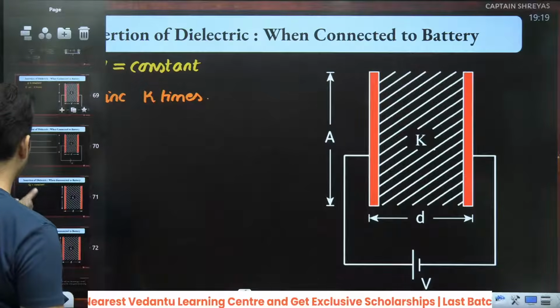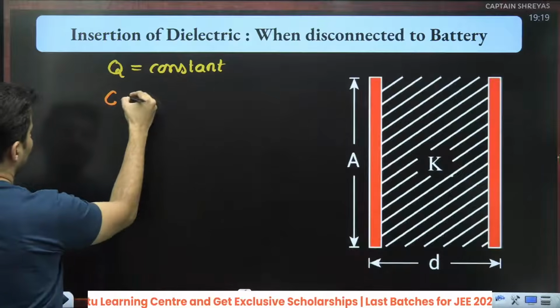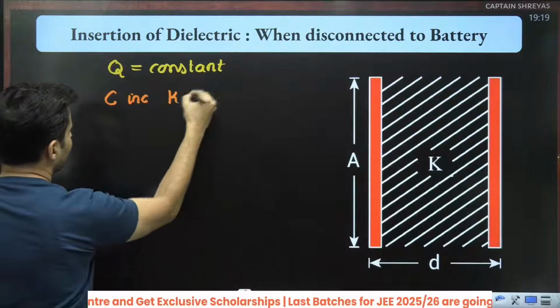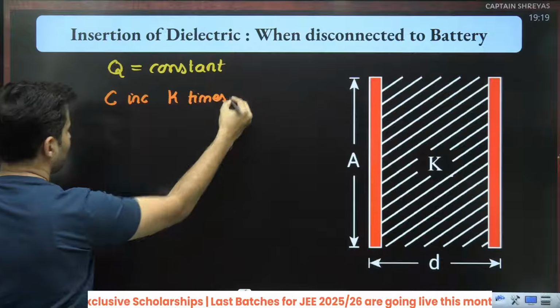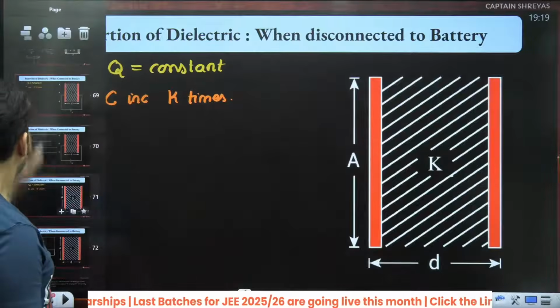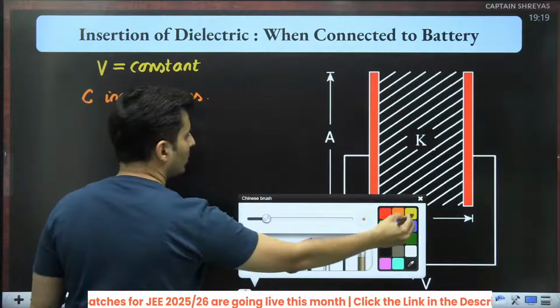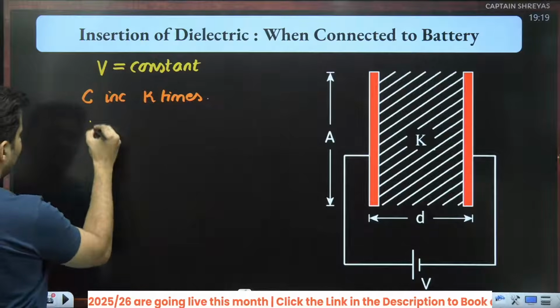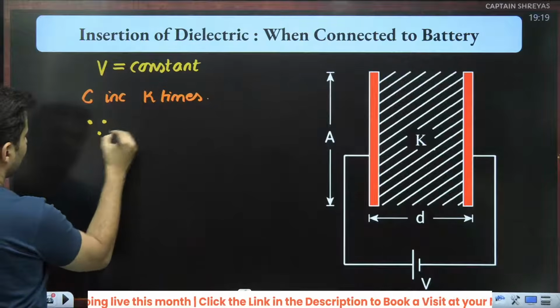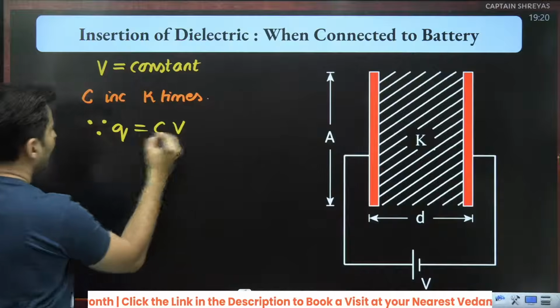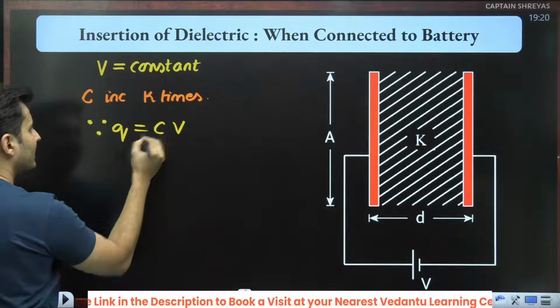Now whether the battery is there or not there does not matter. Here also capacitance increases k number of times. Now in this case, if you talk about charge, since Q is equal to CV, voltage didn't change, capacitance increased.